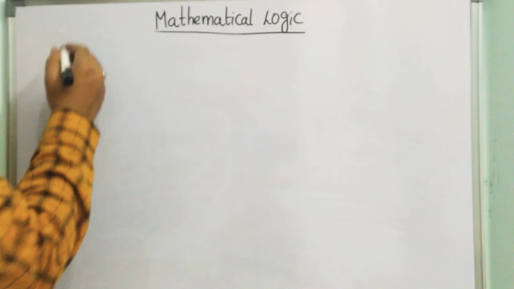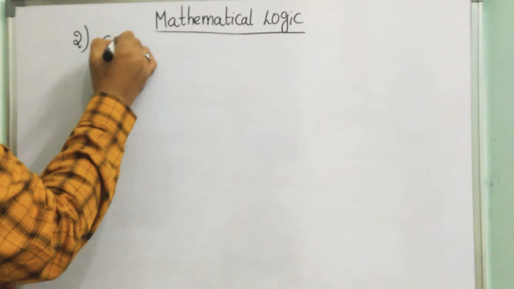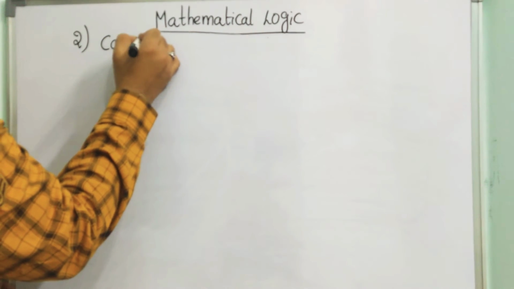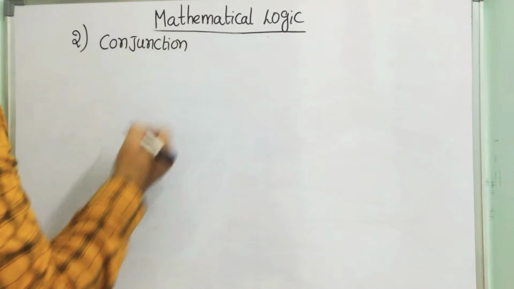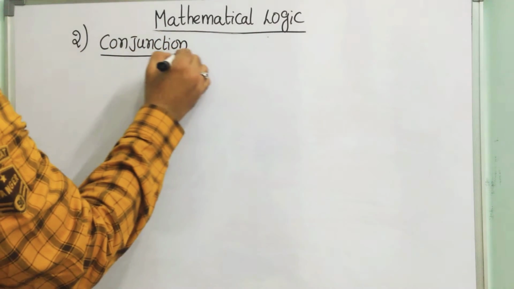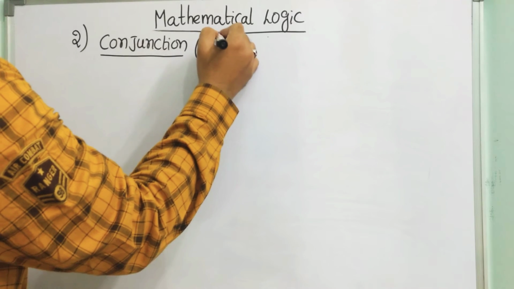So next one is the second operation, that is the conjunction operation. This conjunction operation is indicated by the symbol AND.